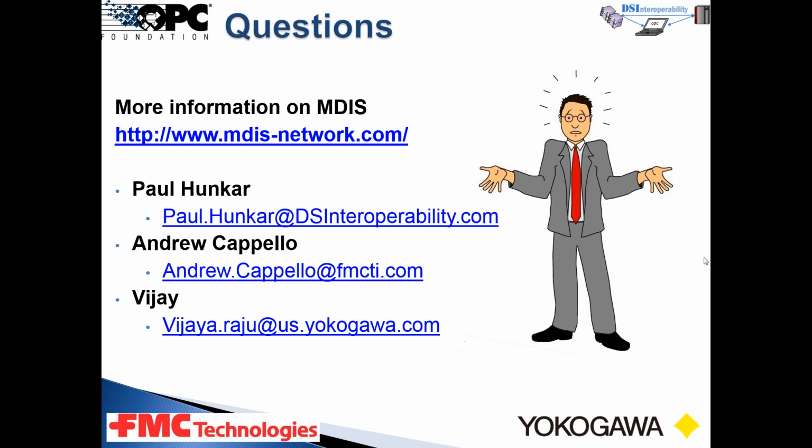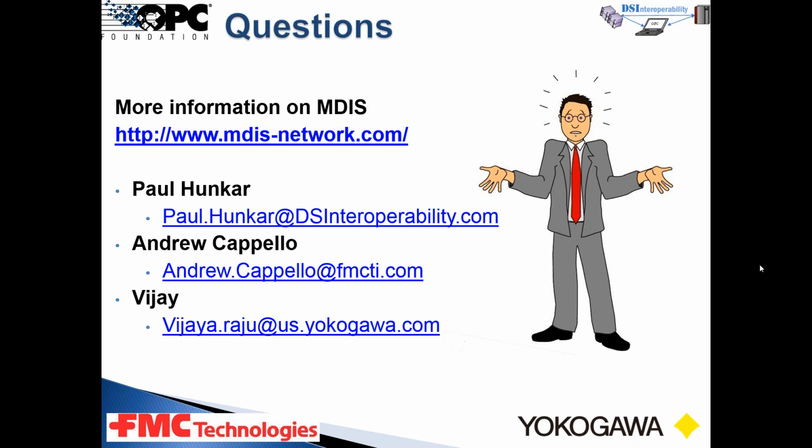So let's see what questions we have. I have a question here: the demonstration was just from FMC and Yokogawa. You listed some DCS vendors, but what other subsea vendors are involved? I can answer some of that.